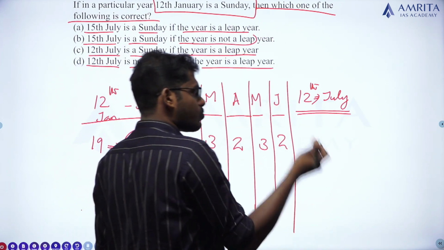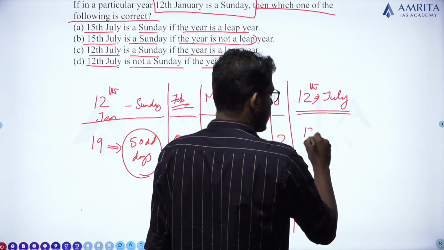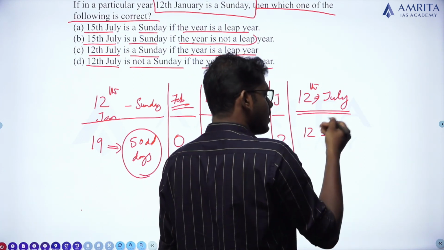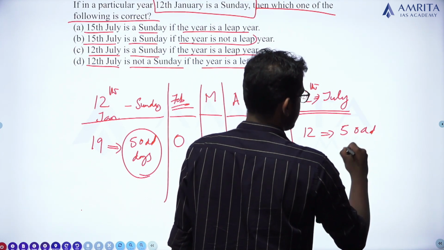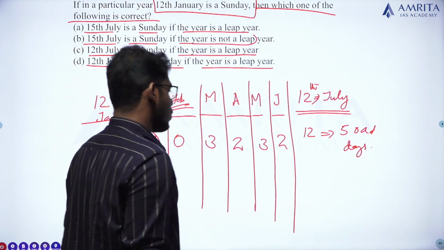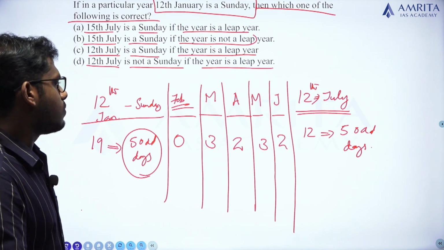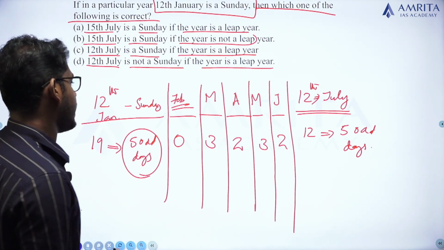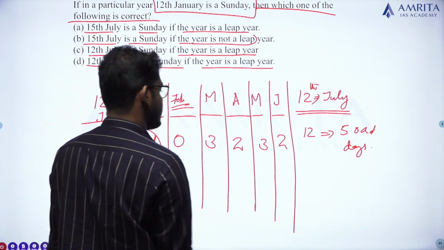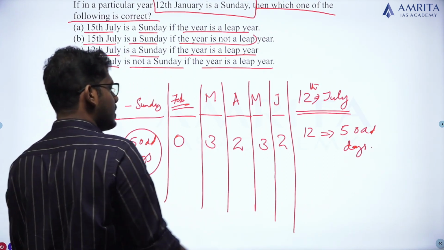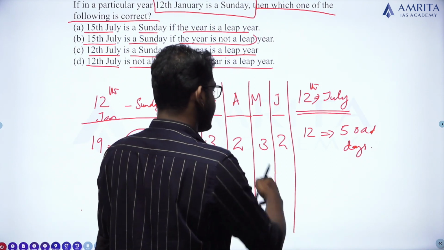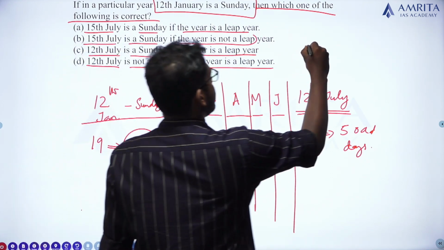12th July means there are 12 days. 12 days in the sense, how many odd days? 1 complete week, 7 days, plus 5 odd days. Clear? Okay. So now we have to add the entire odd days. 5 plus 5 is 10. 10 plus 3, 13. 13 plus 2 is 15. 15 plus 3 is 18. 18 plus 2 is 20.